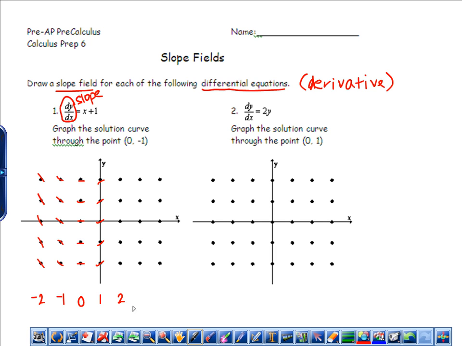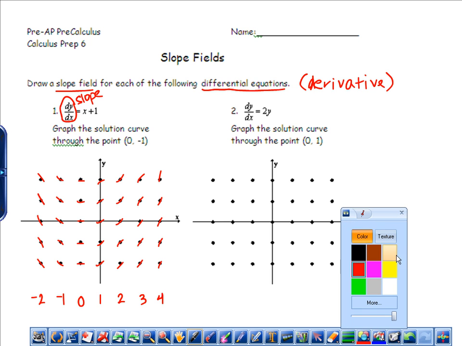You're going to notice this just goes up by 1 each time, and that should make sense since our slope formula was x plus 1. So I'm going to make this one a little bit steeper, the 3 even steeper, and the 4 even steeper than that.